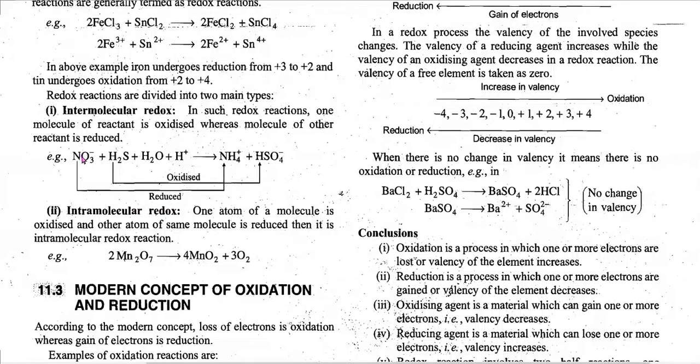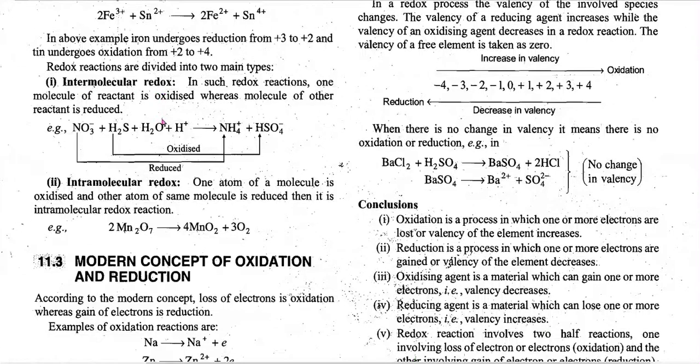Okay, NO3 minus, the nitrate ion, is getting reduced into the ammonium ion, NH4+, and hydrogen sulfide is getting oxidized into hydrogen sulfate. Okay, so this is the oxidation reaction, and the below one is the reduction reaction. So this type of reaction in which two different molecules undergo reduction and oxidation is called intermolecular redox.